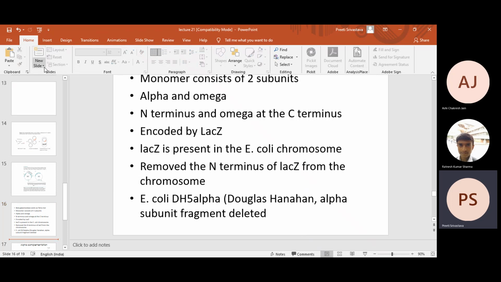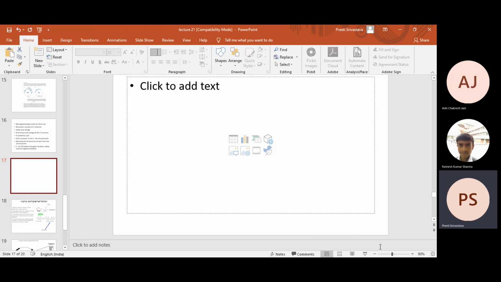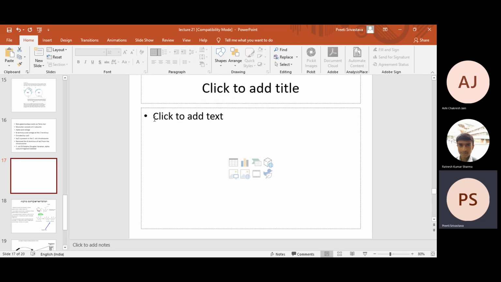Now the question is, what is so special when we delete this alpha fragment? Why is this strain commonly used throughout? Every lab has this strain globally, right from Australia or New Zealand to US.